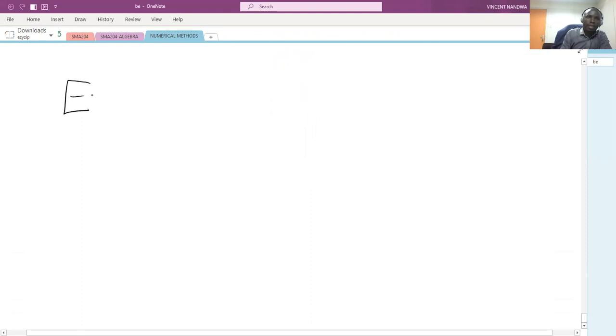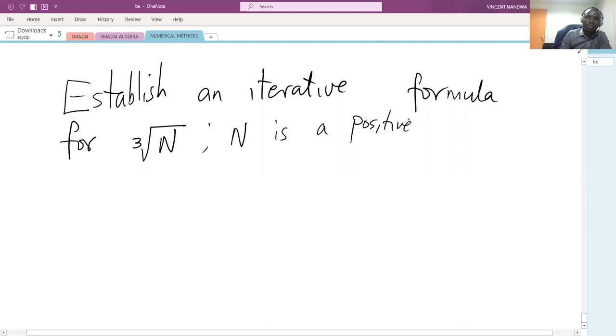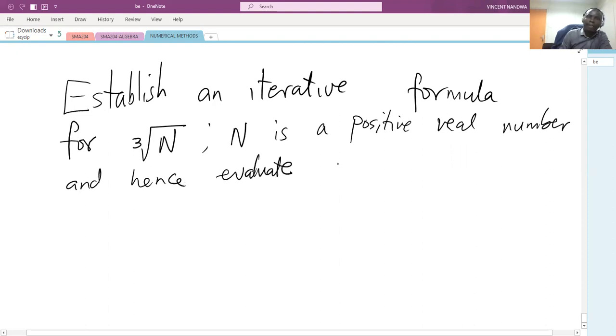Establish an iterative formula for cube roots of n, where n is a positive real number, and hence evaluate the cube root of 12 to the nearest 4 significant figures.